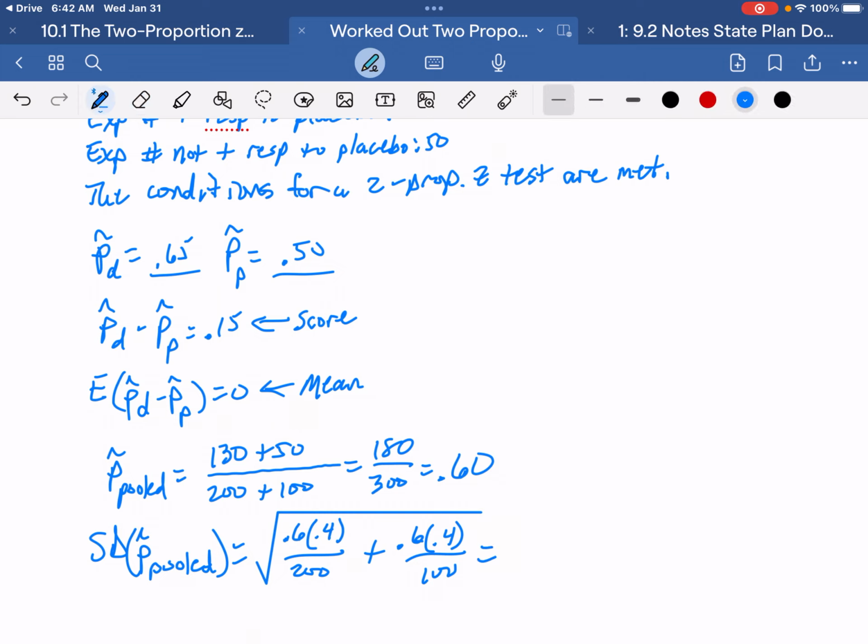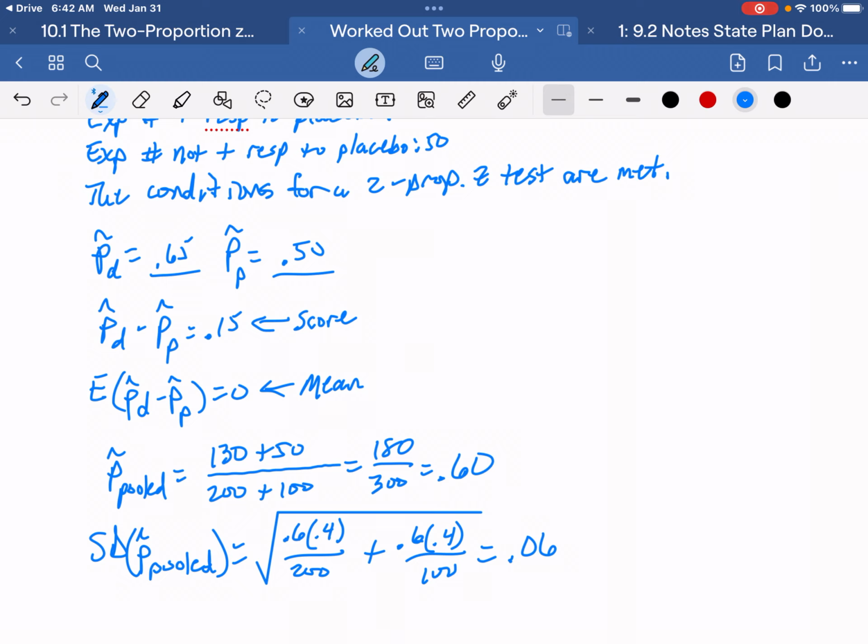So let's calculate this. Okay, I just got that to work out to 0.06. You may want to practice that to make sure you get the same thing.